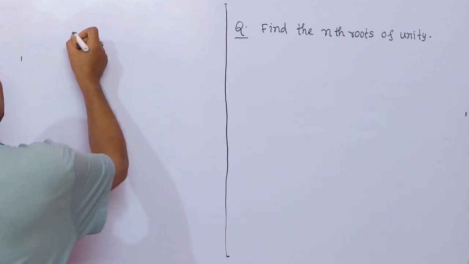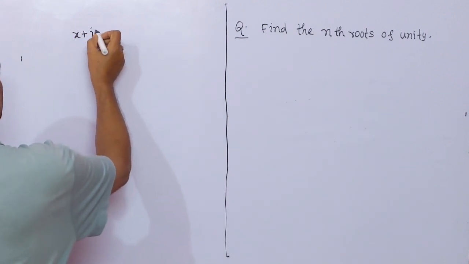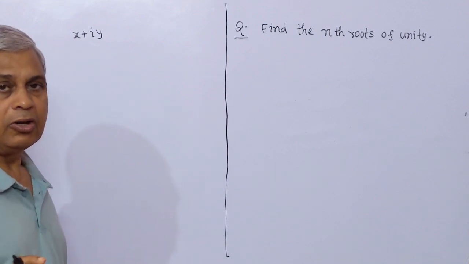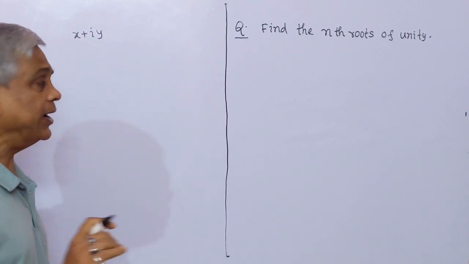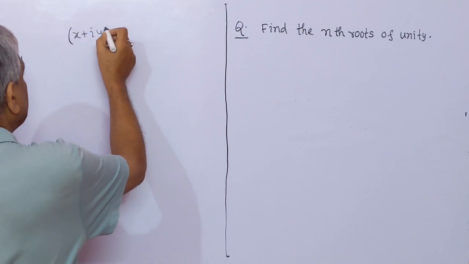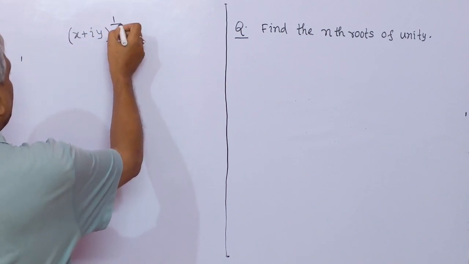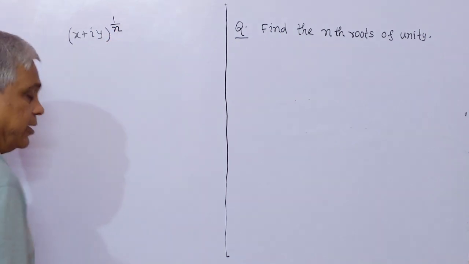Let x plus iy be a given complex number. We will have to find the nth root of this complex number, that is, to find x plus iy to the power 1 by n.